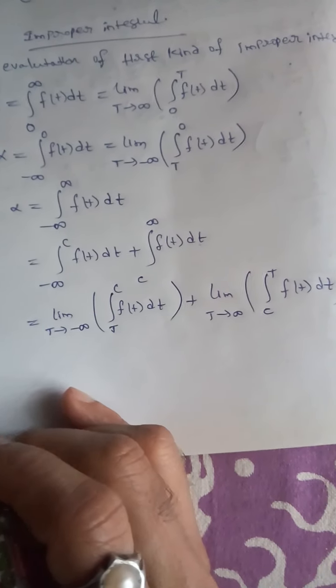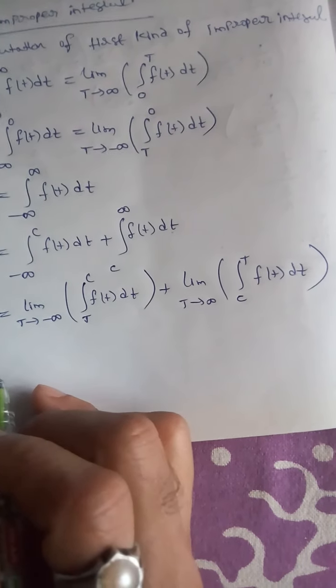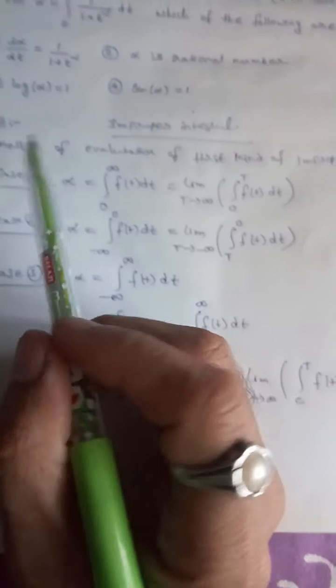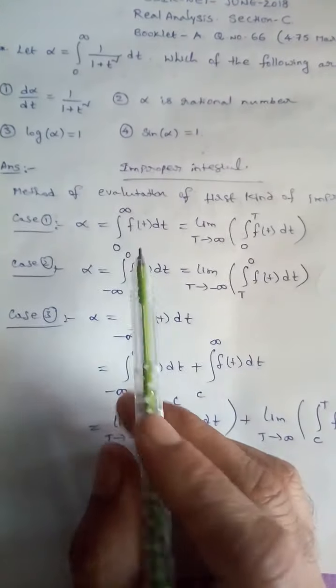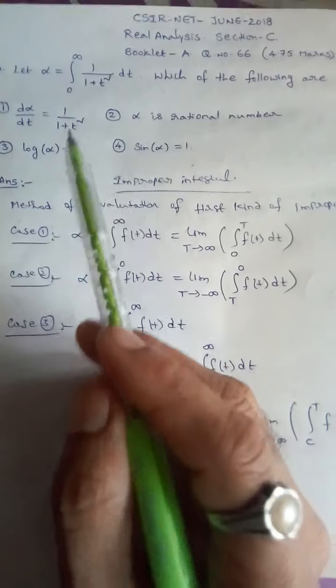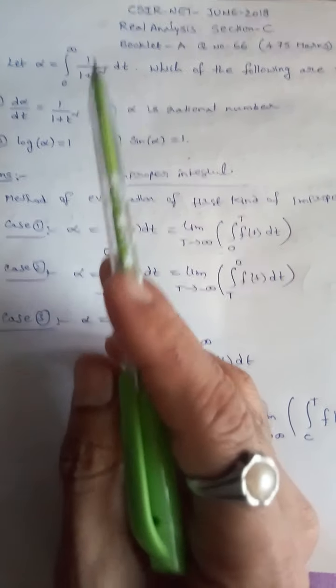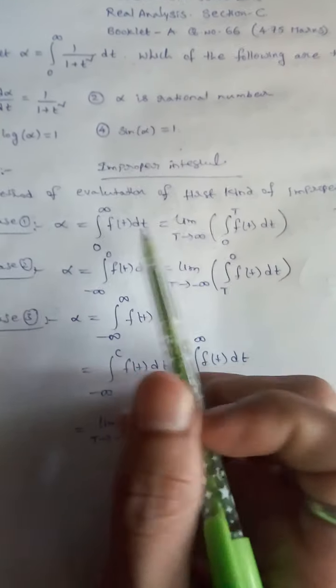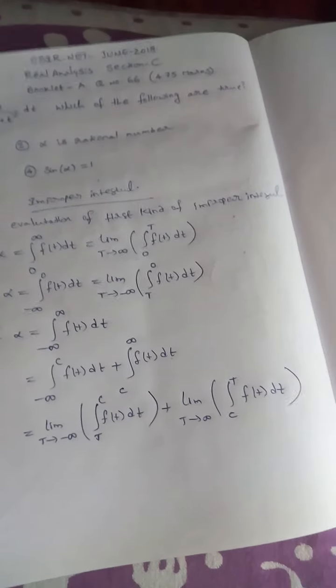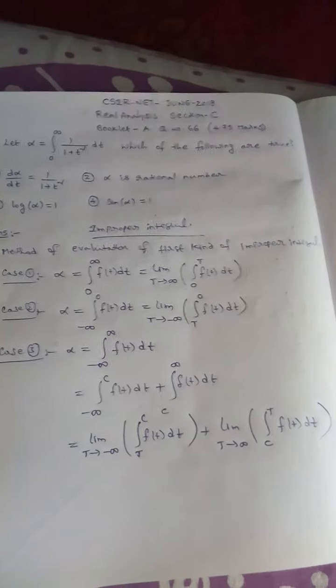Now in the given problem, it is of case 1 where the upper limit is plus infinity, because case 1 is 0 to infinity. So in the given problem, alpha is equal to the integral from 0 to infinity of 1 by 1 plus t square dt, and it is of case 1 type.